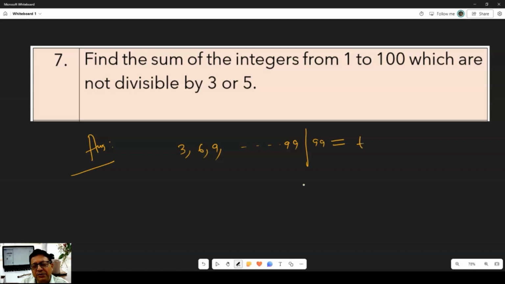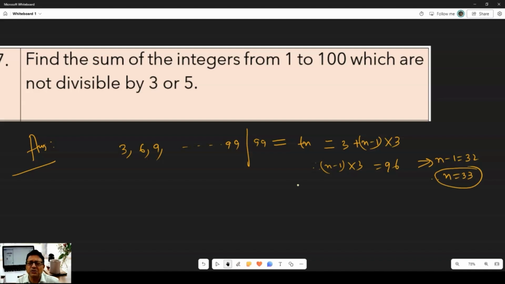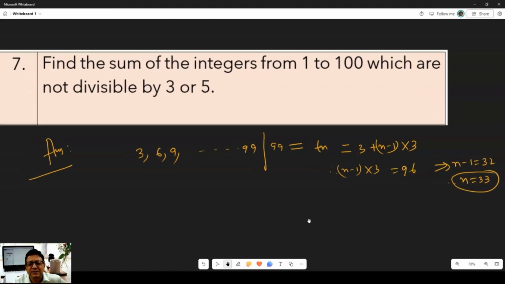Let the last term 99 equal to a plus n minus 1 into d. Therefore n minus 1 into 3 equal to 96. N minus 1 is 32, so n is 33. And it's common sense also. I need not use that.